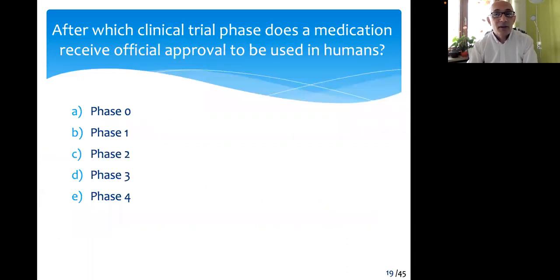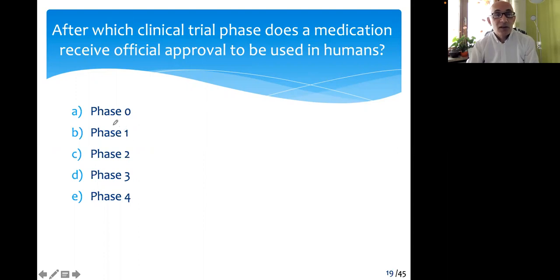Just to allow you to breathe a little bit, another quiz question. After which clinical trial phase does a medication receive official approval to be used in humans? Actually, with this question, I mean, when does a drug which is in development enter the market, so that it is possible to prescribe or to buy from a pharmacy?